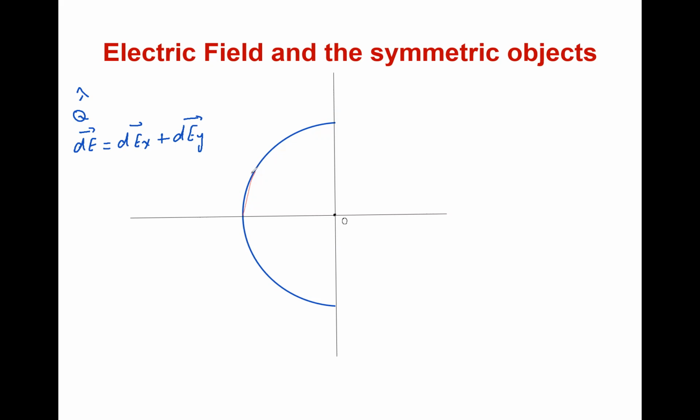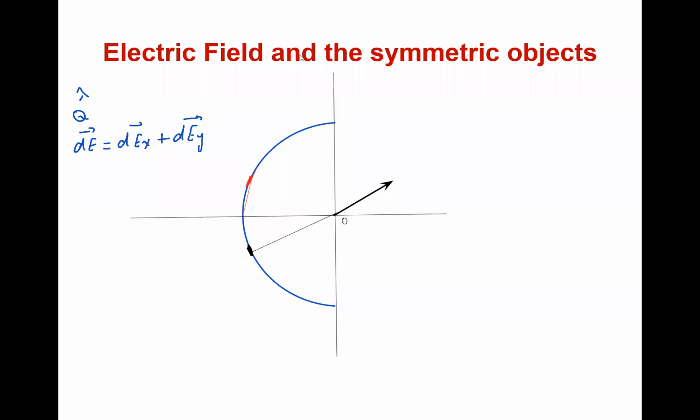What we do is take a small part dq from this side, and also another part from this side. It's positive. If we take the electric field created by the black one, it must be like this because it's positive, pointing away from the charge.